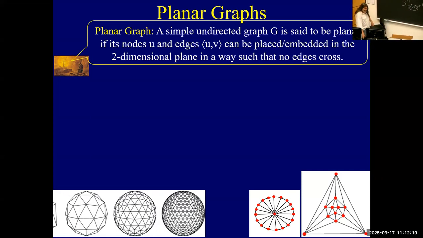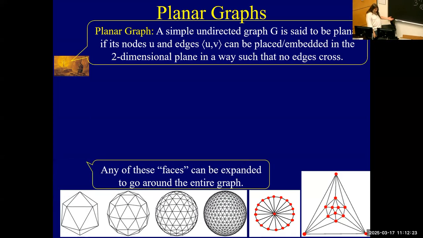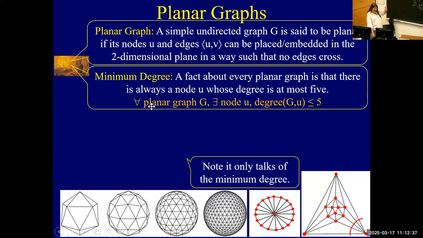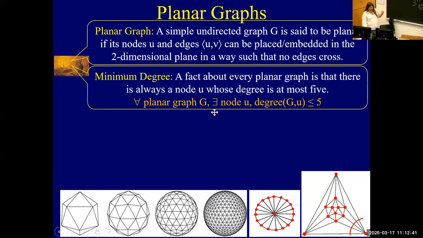And this claims, those are all planar graphs. What we want to prove is something like: for every planar graph, right? And remember the game. We're playing the game here, right? You give me some planar graph.